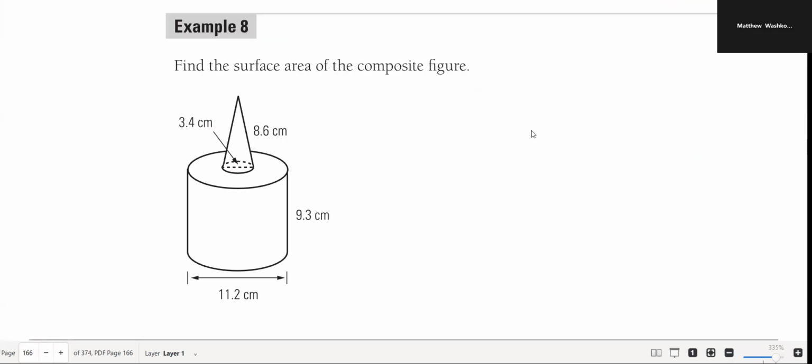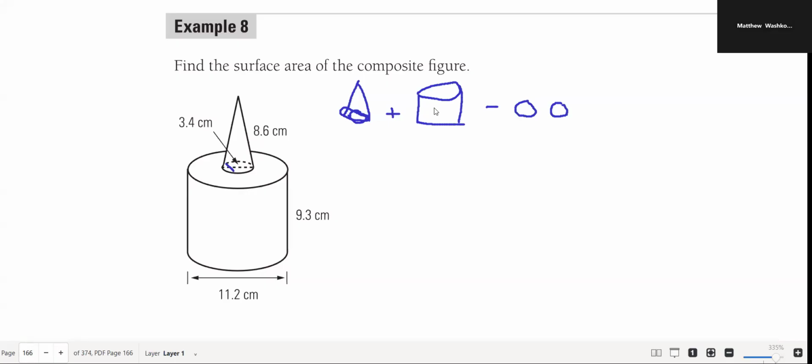So we can take this stuff and add it into composite or complex figures. So in this case, what is this? This is a cone plus the area of a cylinder. Now remember though, I got to subtract the little circle twice because I'm losing that surface area twice. I'm losing it from the cone and from the cylinder.